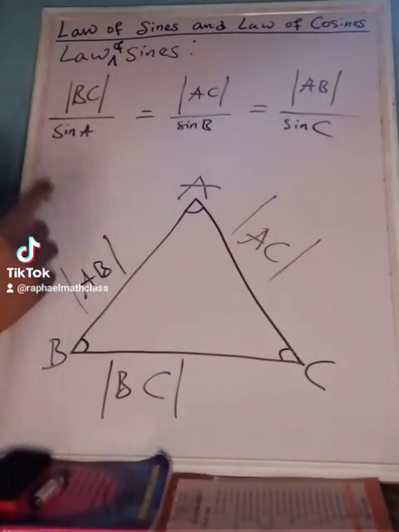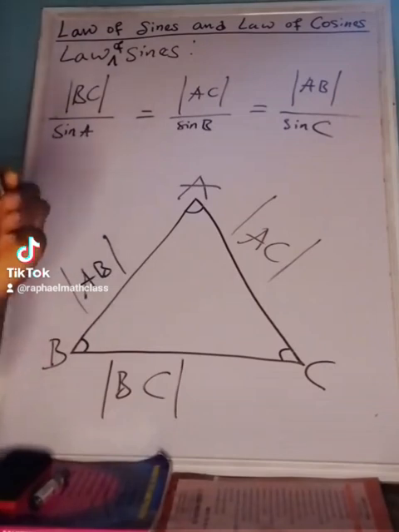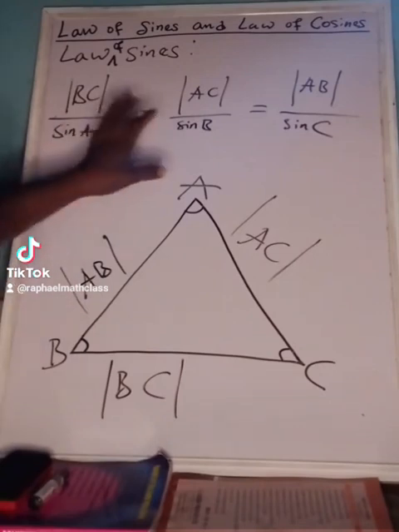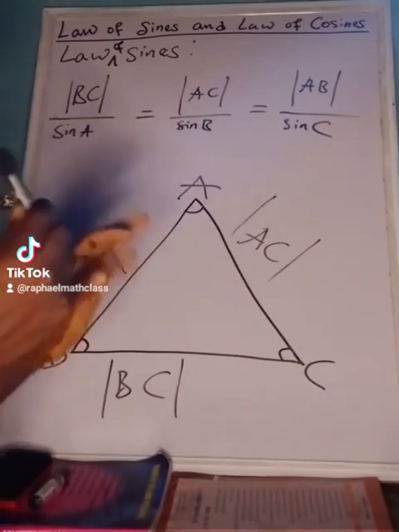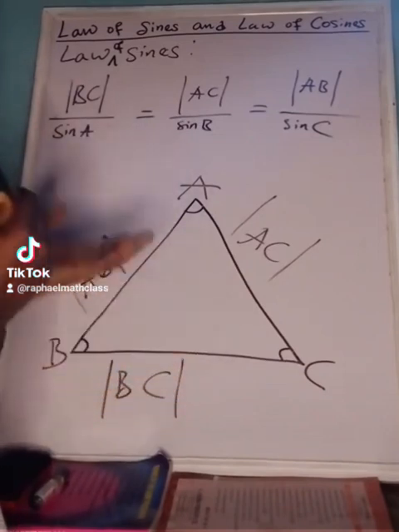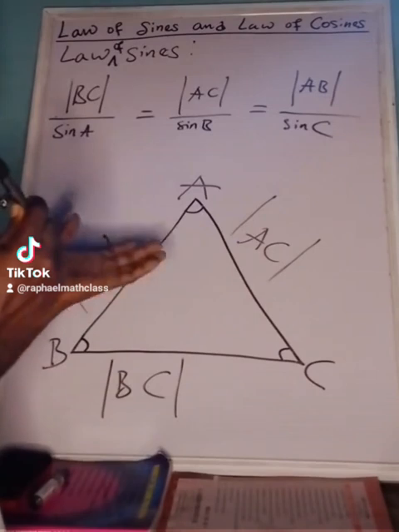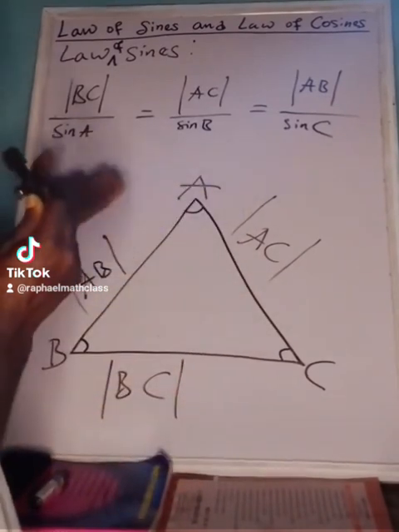Now we are going to solve a problem related to sines law. Tomorrow we will also look at cosine. I will tell you the problems you can use sines to solve, and the other kinds of problems that you can only use cosines to solve.